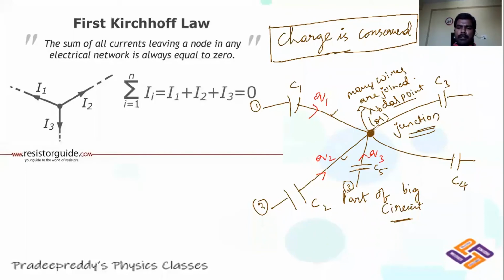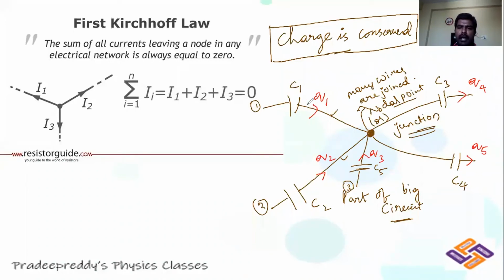Now after coming to this nodal point, they get reshuffled, and finally when they are coming out from the junction, there are only two paths over here, and from those two paths some charge Q4 comes from here and Q5 comes from here. Now mathematically it can be written as: charges which are entering into this nodal point are numerically equal to charges which are coming out from the nodal point.